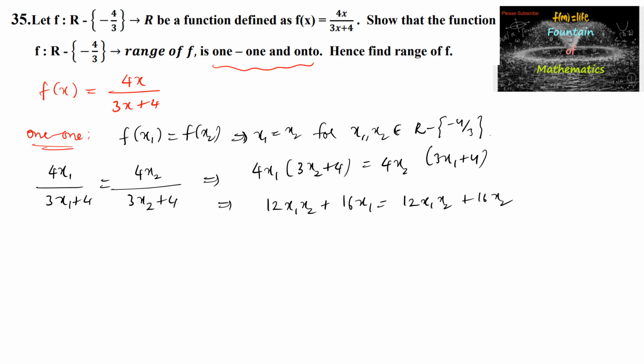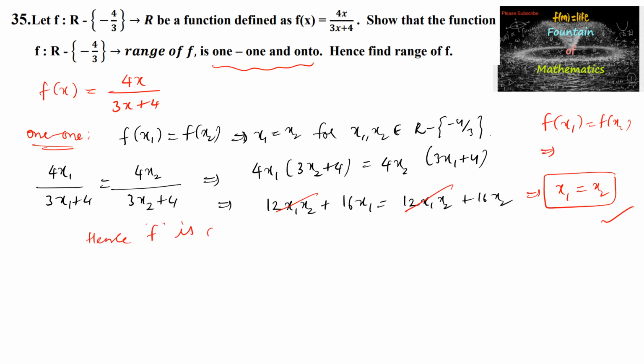So we can cancel here 12 times x1 x2, and here we can write 16 times of x1 is equal to 16 times x2, that implies x1 is equal to x2. So we got f of x1 is equal to f of x2 implies x1 is equal to x2, and hence we can say that f is 1 to 1 function.